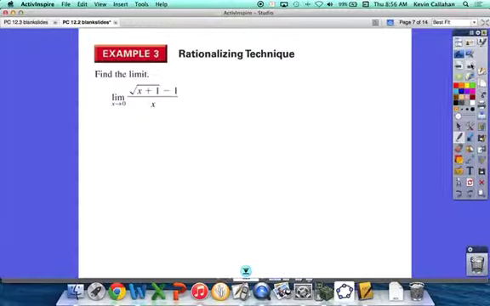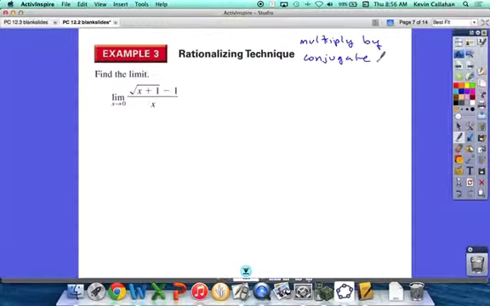So here, the rationalizing is going to be multiply by the conjugate. And conjugate of what? The conjugate of the numerator, the one that's got the irrational in it, the square root.